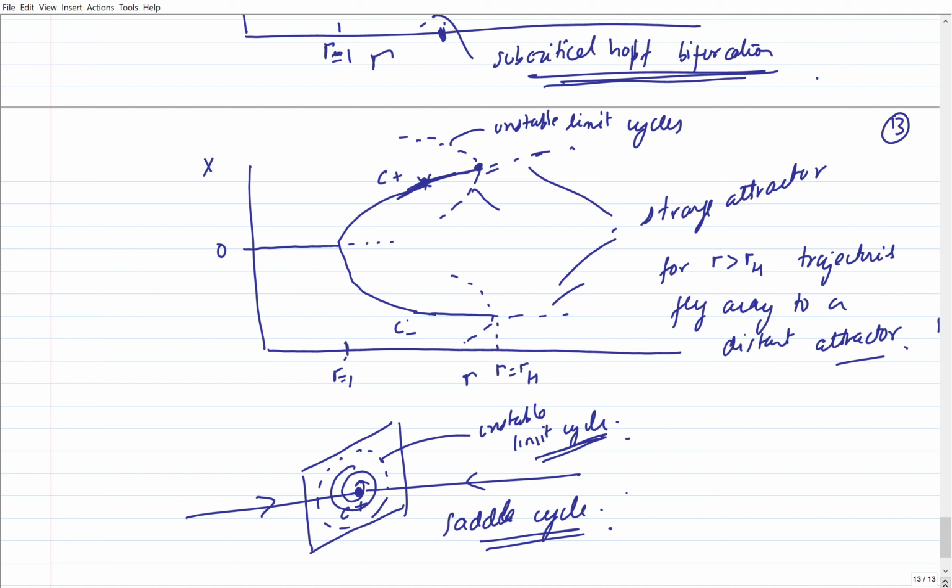So this cycle has a 2-dimensional unstable manifold, this one in this plane, and it also has a 1-dimensional stable manifold.